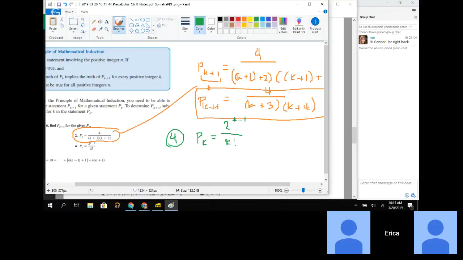And these factorials are going to come back, right? So p sub k plus 1 would be 2 to the k plus 1 minus 1 power over k plus 1 factorial. So we would simplify this as 2 to the k power over k plus 1 factorial.